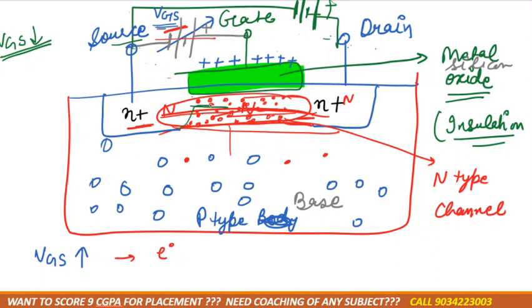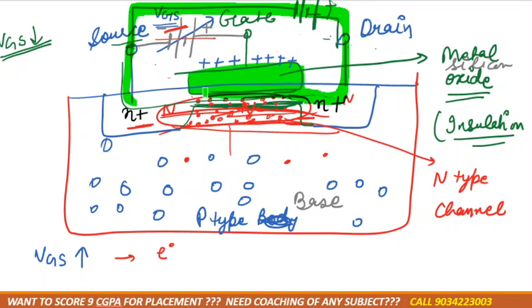If fewer electrons are attracted, the path will be smaller, right? There is a very narrow path, and if the path is very narrow, then electrons will flow in a very small amount. So in this case, electrons are flowing from drain to source.